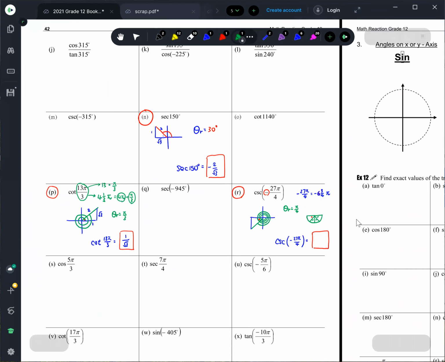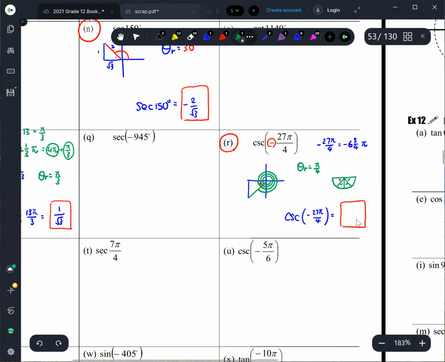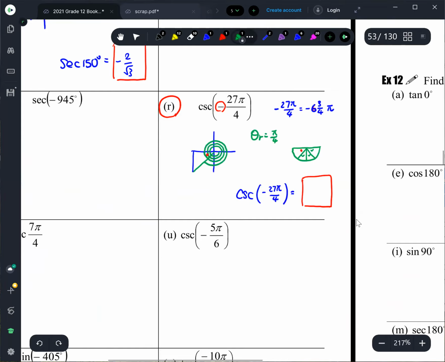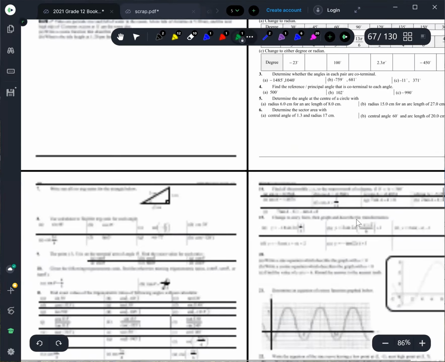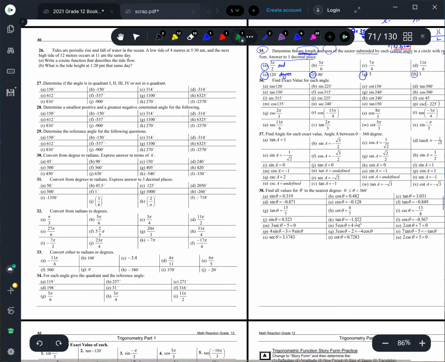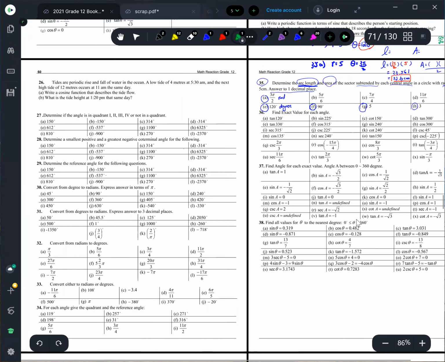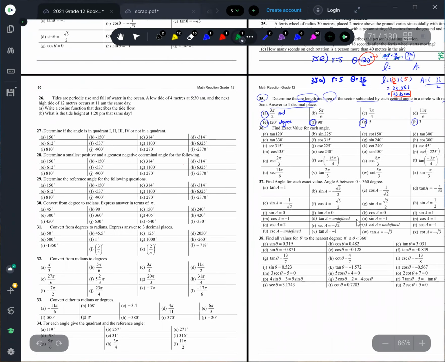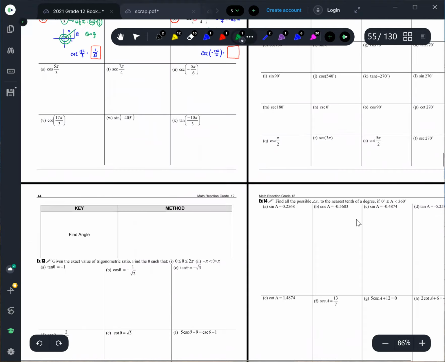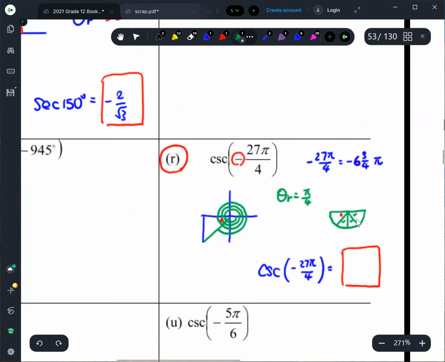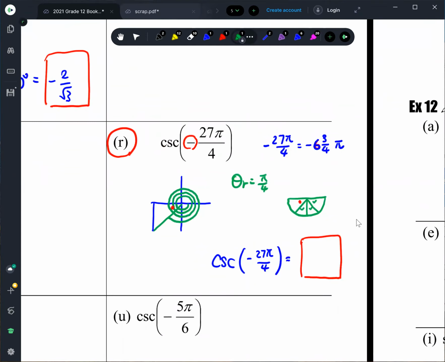Okay, please raise your hand if you got everything on this for question R. We're doing cosecant, okay? So think about cosecant. What over what? Positive or negative in quadrant 3?